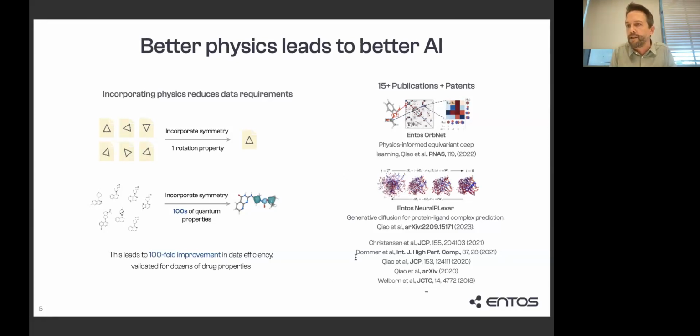I think two that are particularly interesting to this group is OrbNet. This is a paper that you can read about in the most recent report and benchmarking of it in PNAS last year, where we take the actual electronic structure, the actual molecular orbital structure of the molecules, and we represent that on an equivariant graph.